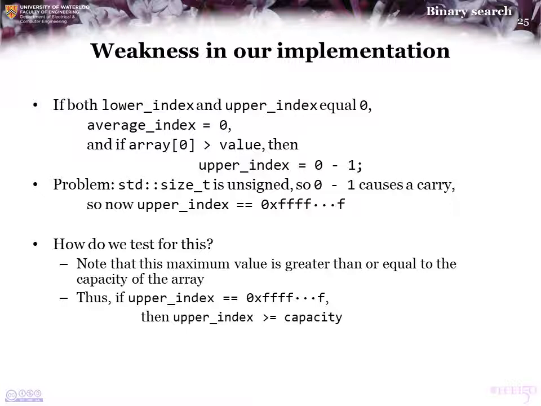So we can deduce that upper index has this maximum value if upper index is ever assigned a value greater than or equal to capacity, because you'll recall that in our algorithm, upper index begins at capacity minus 1, and our algorithm only ever decrements the value of upper index.